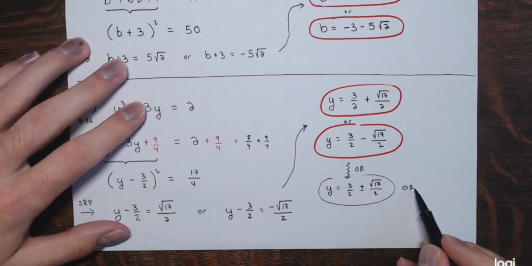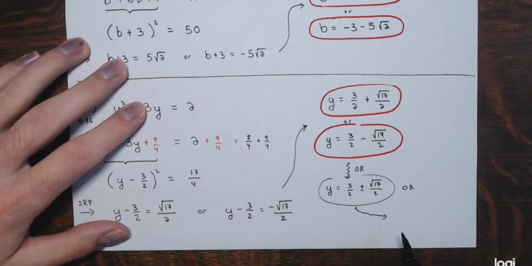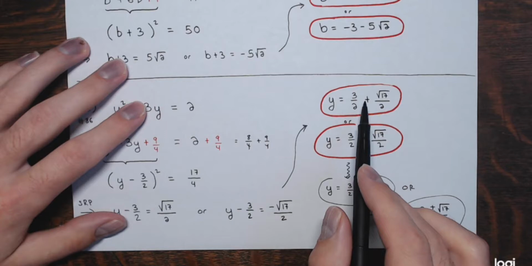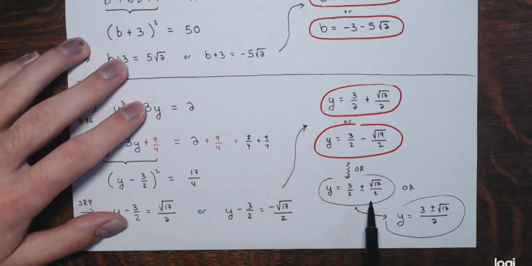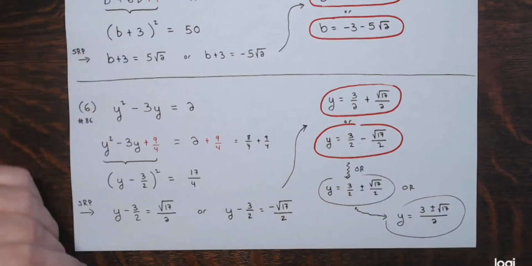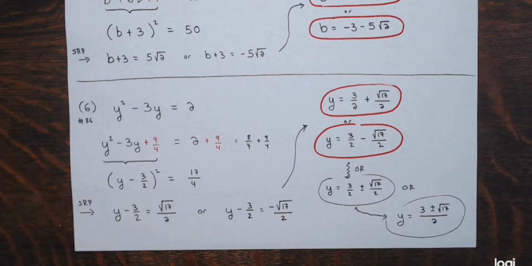Or since they have the same denominator, you can put the numerators together. Say y equals 3 plus or minus the square root of 17 in the numerator, all divided by 2 in the denominator. Right? I'm usually going to write them separate like this, but you can put them together because of the common denominator and all that. But all those are equally valid.